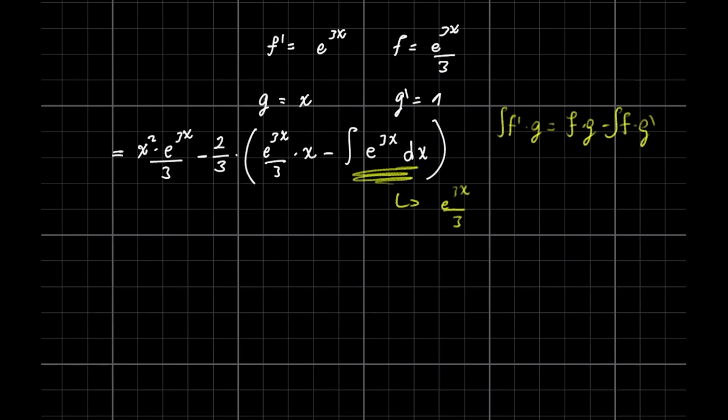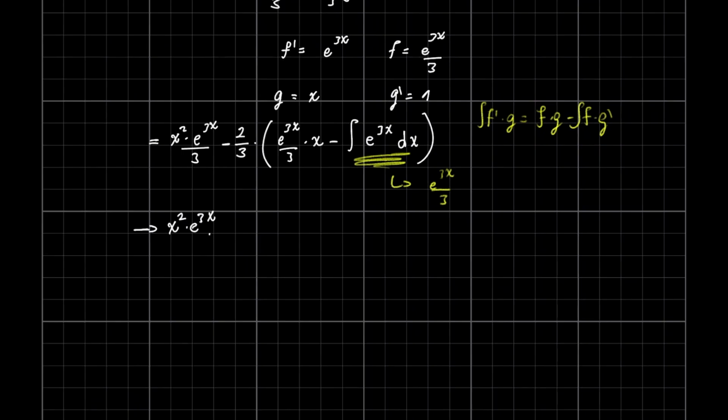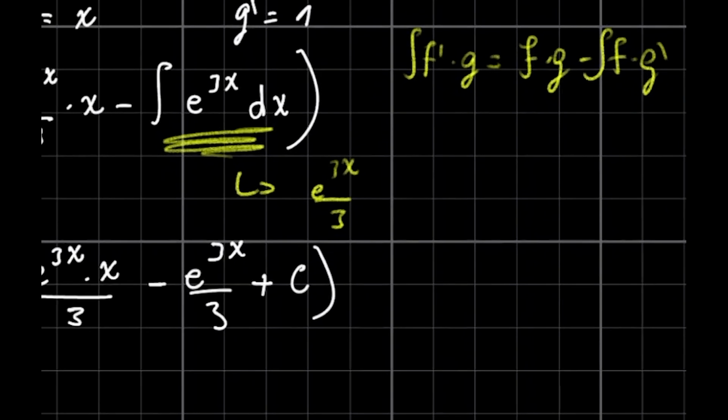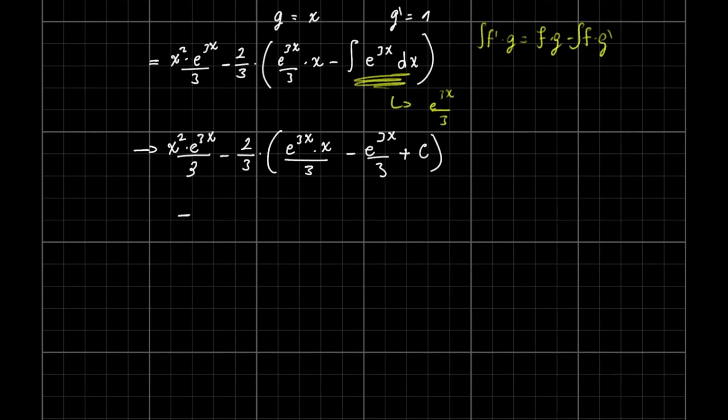And so therefore, I'll try now to simplify. So minus 2/3 parentheses e to the power of 3x times x over 3 minus e to the power of 3x over 3. And let's not forget the integration constant. Now all I need to do is simplify. Here I can factorize the 1/3.